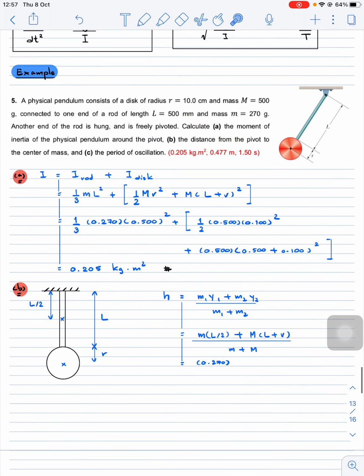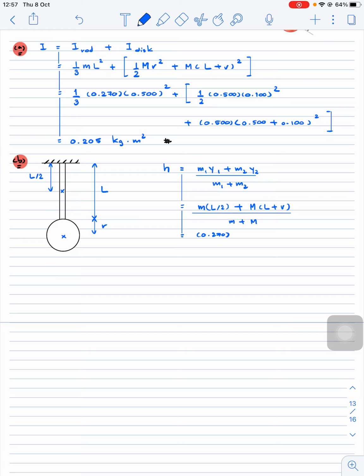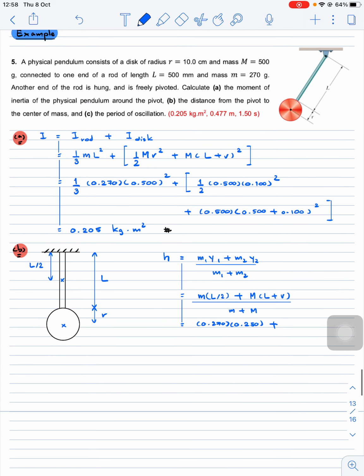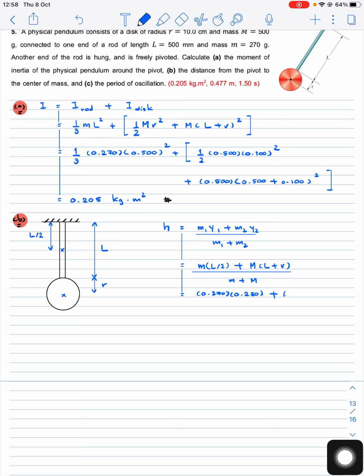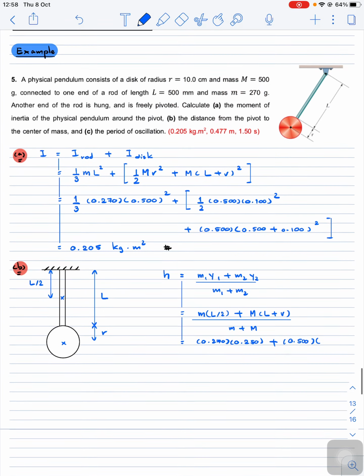L is 500 millimeter, so L half is 0.250 meter, plus capital M. Capital M is 500 gram, so we have 0.500, times L plus R. L is 500 and R is 10 centimeter.